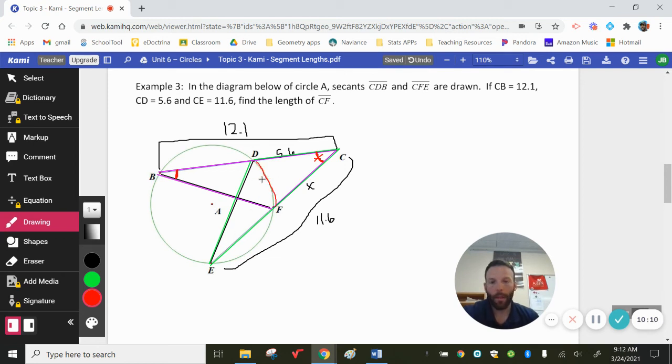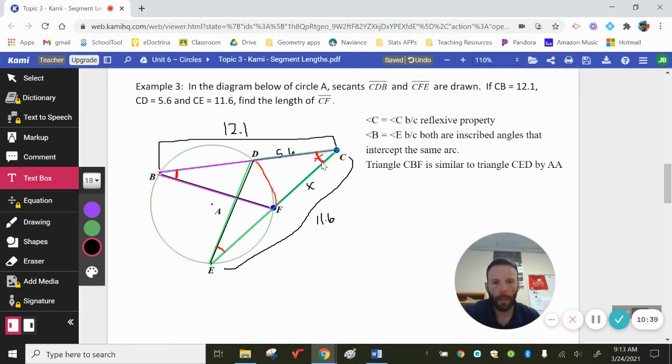And this arc DF is also the arc that is intercepted by the angle E in the green triangle. So since both angle B is inscribed and intercepts arc DF and angle E is inscribed and intercepts arc DF, then angle B must be congruent to angle E. And now I have two pairs of angles in each of my triangles that must be congruent to each other.